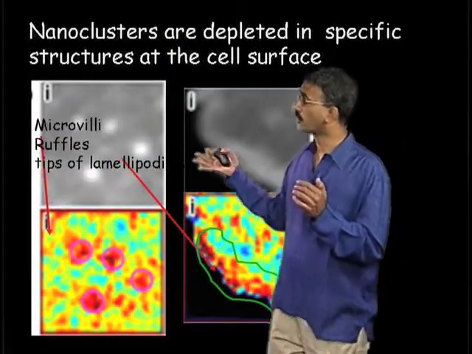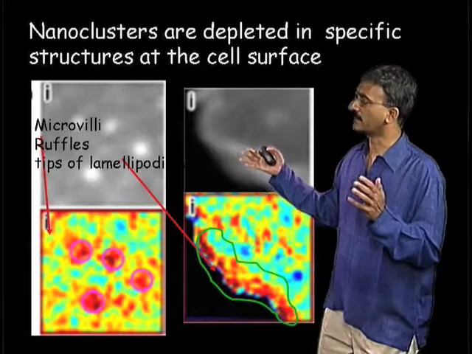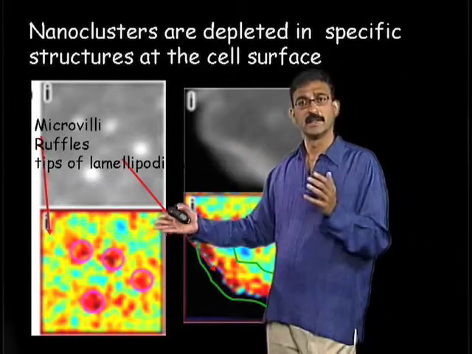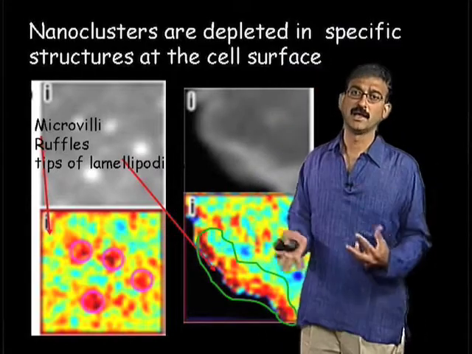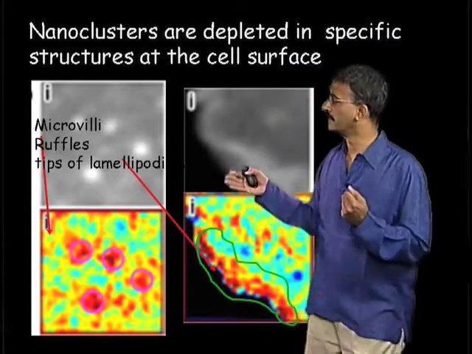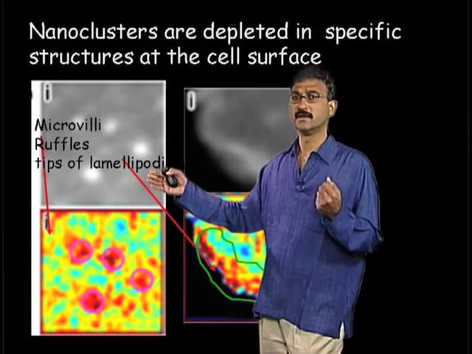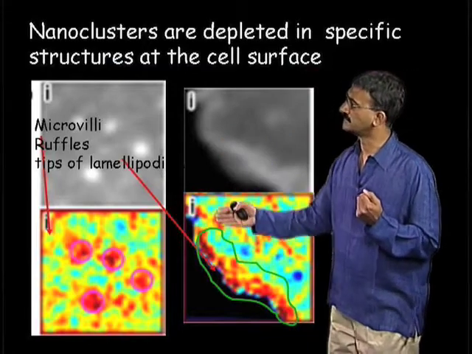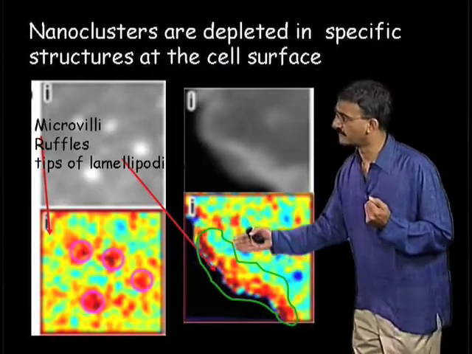If we look more closely, for example, at the microvilli, we find that the microvilli are regions where the clusters of the GPI-anchored proteins seem to be specifically depleted. The same seems to be the case at tips of lamellipodia. So at tips of lamellipodia, we find that these GPI-anchored proteins also look quite heavily depleted.